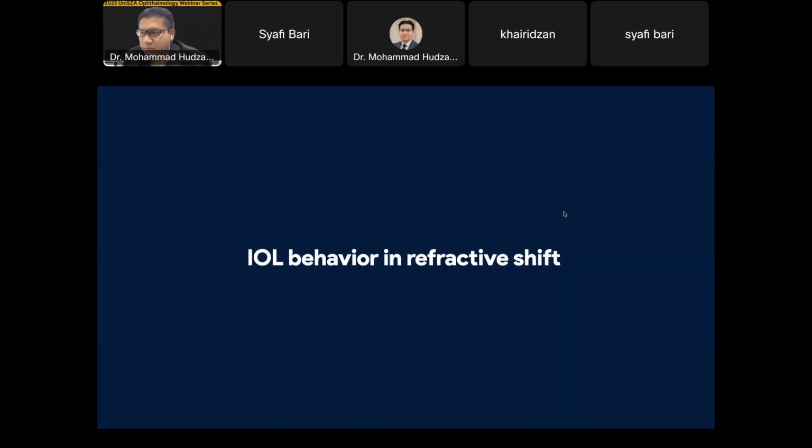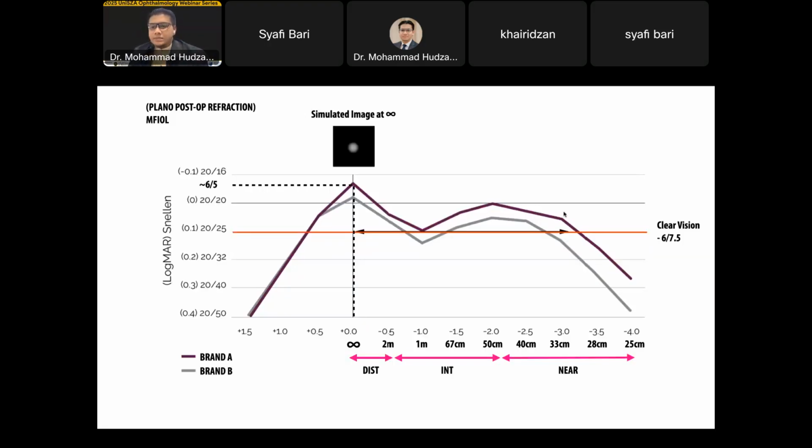Lastly, let's talk about the IOL behavior in refractive shift. This is one of the commercial brand. I took this also from the internet. This is the commercial brand of two lenses, brand A and brand B, of a refractive multifocal IOL. So let's say if we implanted the lens with the aim of plano, infinity is no power, zero.